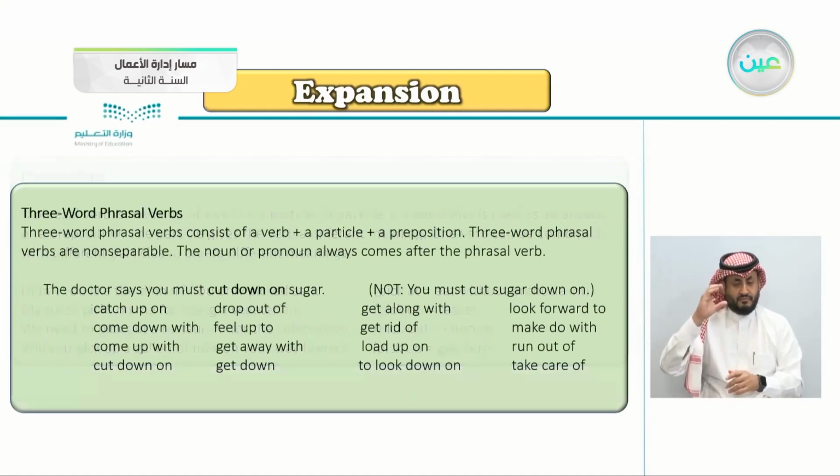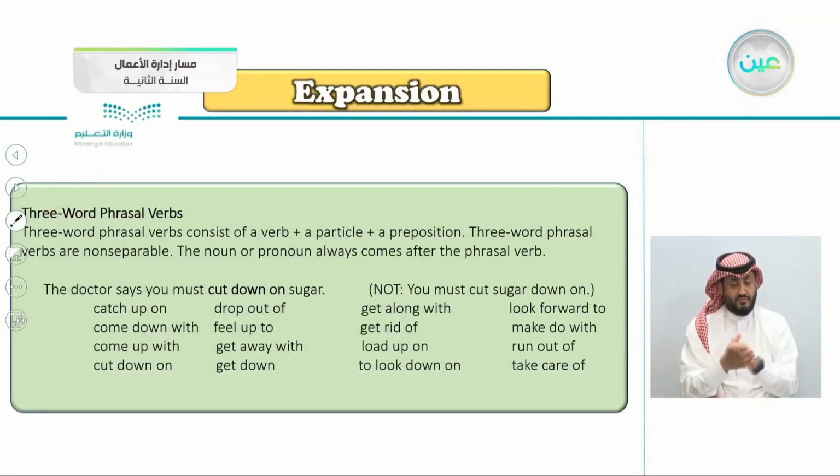And remember, there's also a second part here, the 3-word phrasal verbs, which we have in this exercise. The 3-word phrasal verbs consist of a verb plus a particle plus a preposition. The 3-word phrasal verbs are non-separable. You can't separate them.